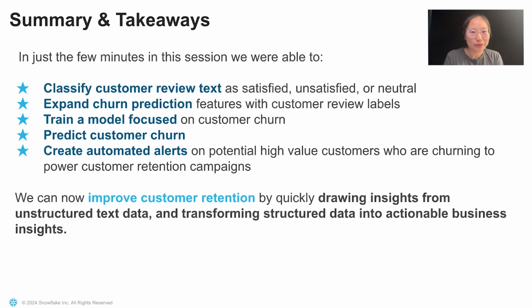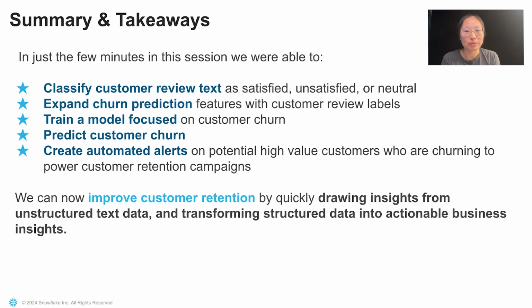Now let's recap what we were able to accomplish in this session. Firstly, we were able to turn unstructured data into structured data by classifying online customer reviews into satisfied, unsatisfied, and neutral labels, and then generate additional features for the churn prediction model with these labels.